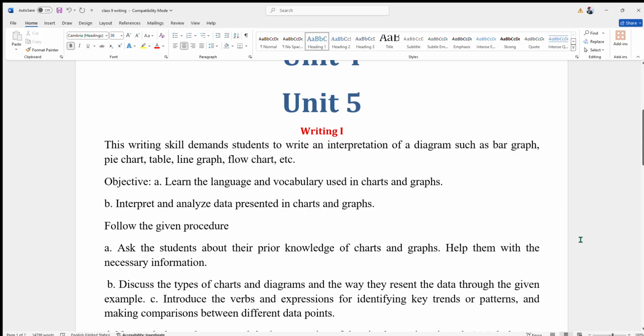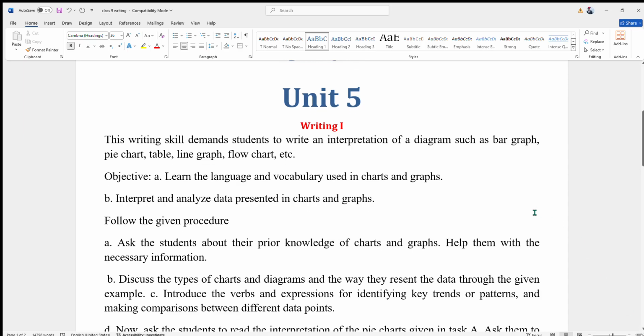It is about interpreting a chart or graph. It is interpretation. Interpretation means we have to write in paragraph, in our own words or sentences, what we see in the chart or graph.